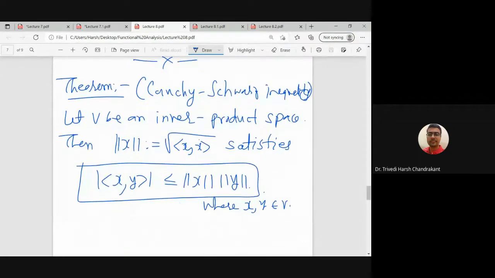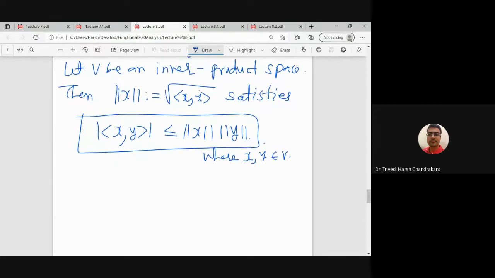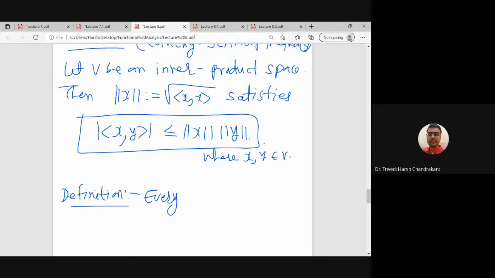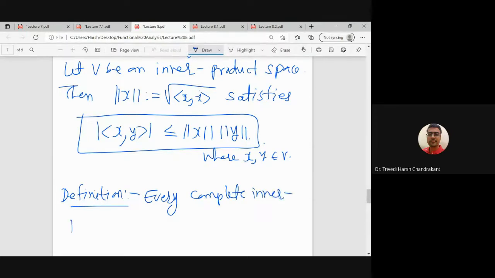And every metric space which is complete, we call a complete metric space. Similarly, every complete inner product space is called a Hilbert space.